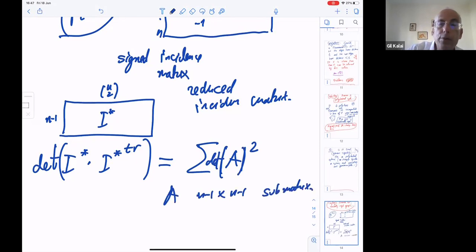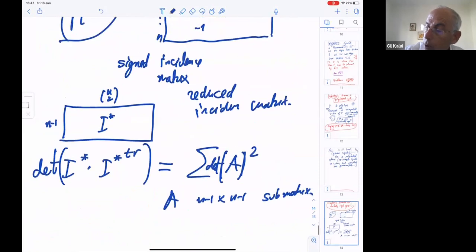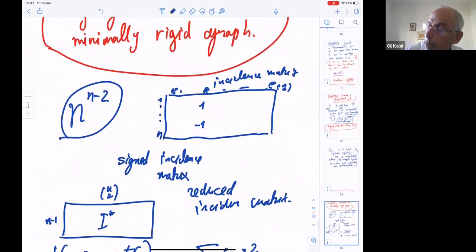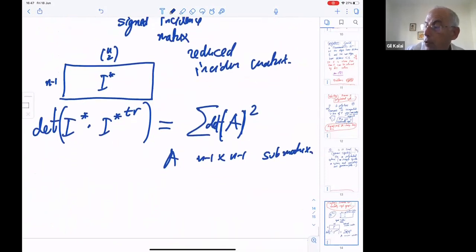And these submatrices contribute 0 or plus minus 1 according to whether the columns are acyclic, hence trees, or not. So this is the matrix tree theorem, and when you look at the complete graph, it gives you a proof of Cayley's formula.